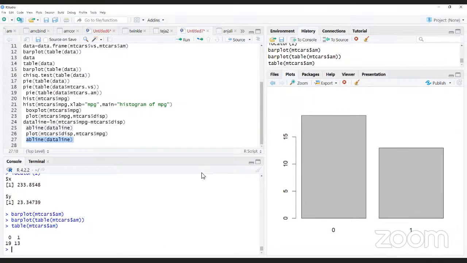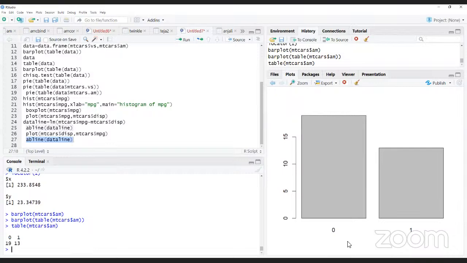Okay, so we find that 0 is 19 and 1 is 30. Okay, so this is represented here. This is the bar plot.